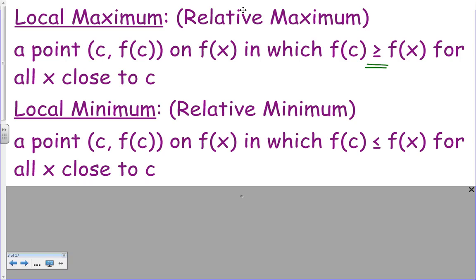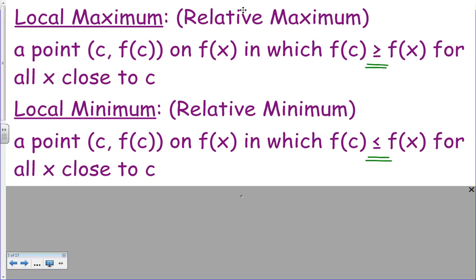A local minimum, on the other hand, or relative minimum, is a point c, f of c, on f of x in which f of c is less than or equal to, and let me underline that as well, it's not just less than, it's less than or equal to f of x for all x close to c. So in other words, if I find a point that is lower than or equal to all the other points around it, then I have myself a local minimum.